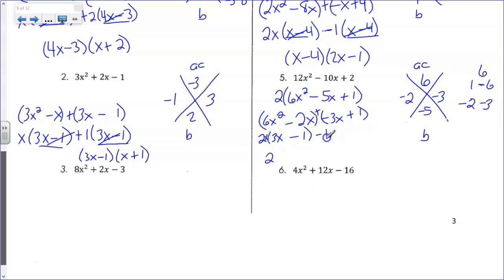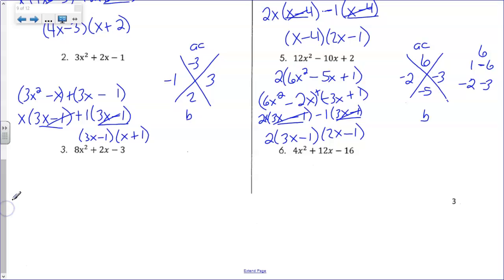I can take out a negative 1, and that will leave me 3x minus 1. Underline, write it down, mark it out, and then I'm left with 2x minus 1. Now, if I didn't have this 2, 3 times 2 is 6, it would not get me back to the 12. 3 times 2 is 6, times 2 is 12. Negative 1 times negative 1 is positive 1, times 2 is 2.